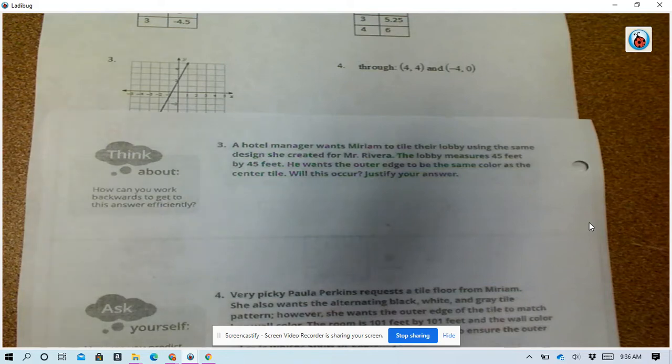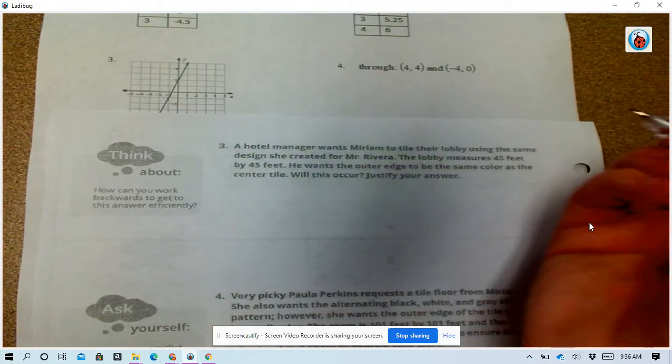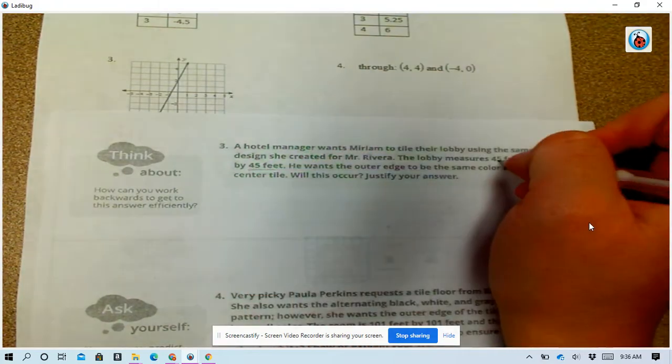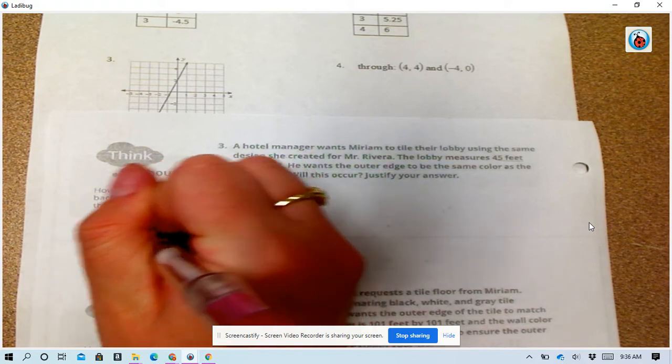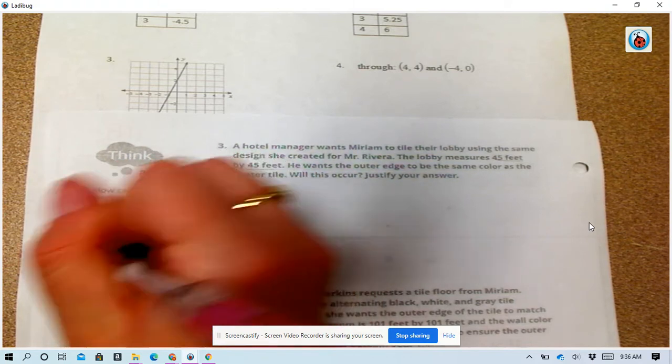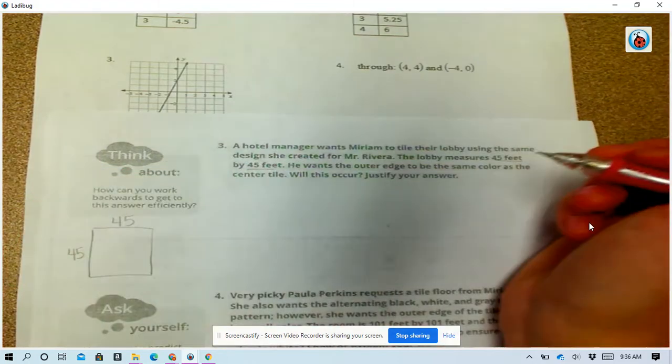If you have not paused the video and tried to figure it out by yourself, try it now. Okay, so here it's 45 by 45. I drew myself a square that I just labeled 45 by 45. I'm a visual person.